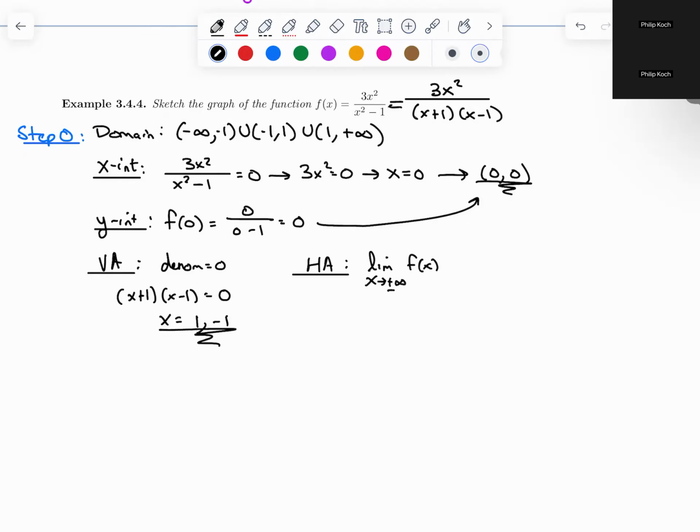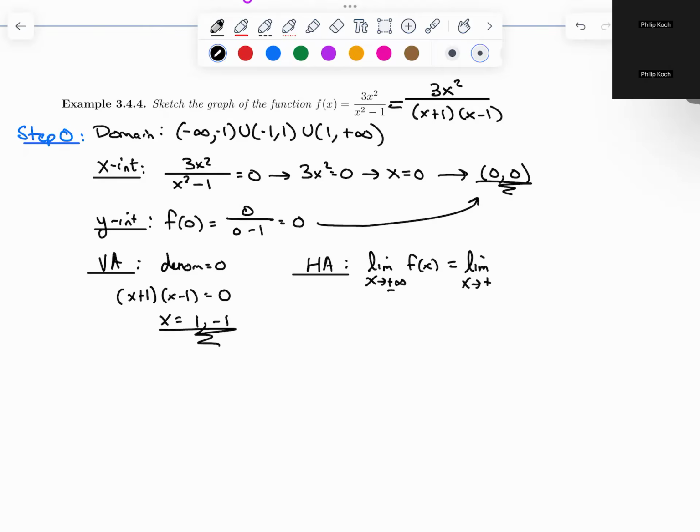Some functions can have two horizontal asymptotes, one on the right and one on the left. That's a very rare situation. It won't really happen very often, so it's usually sufficient to just check one direction, but you'll see that it doesn't matter in this context. So 3x squared, limit.